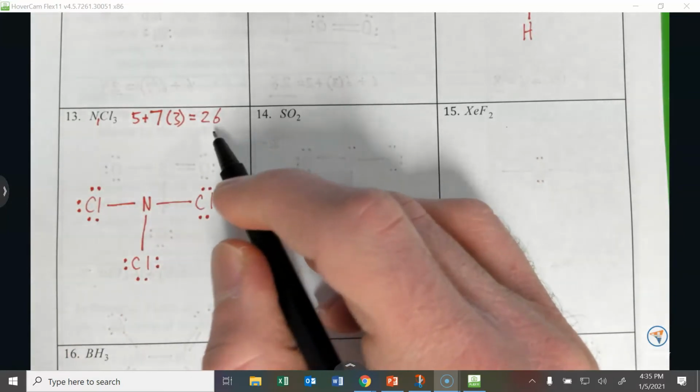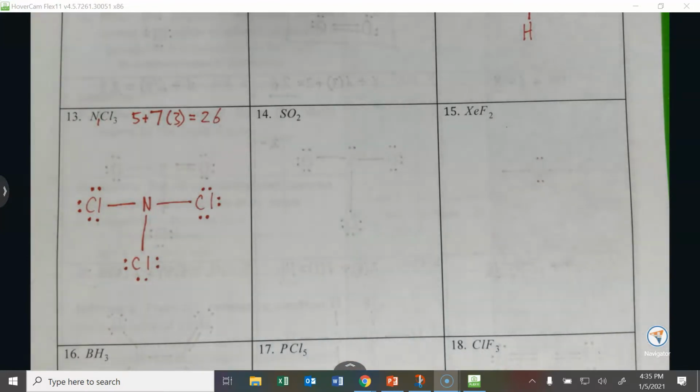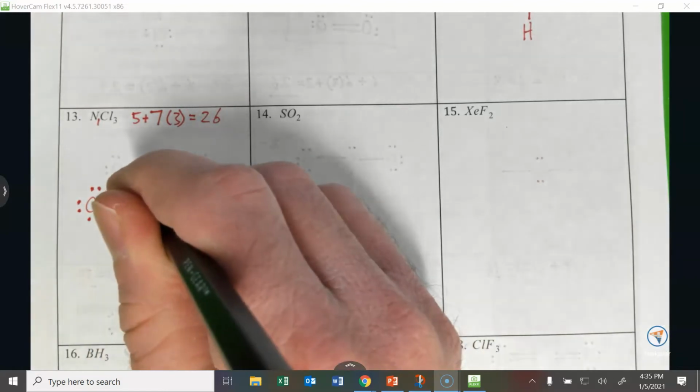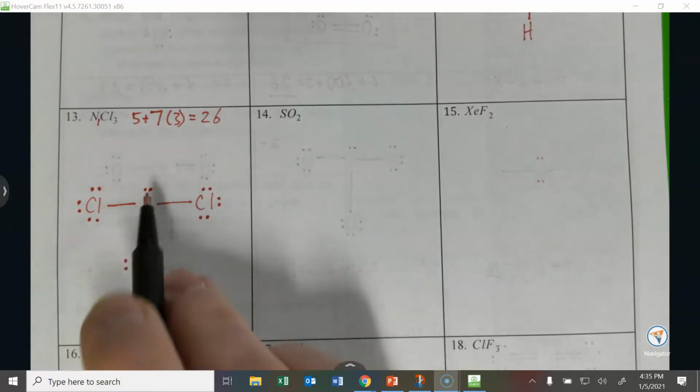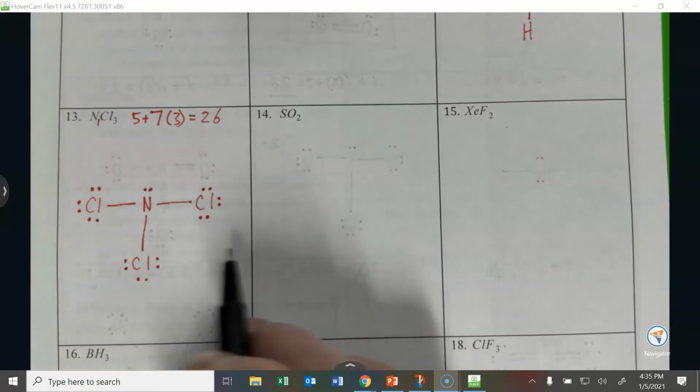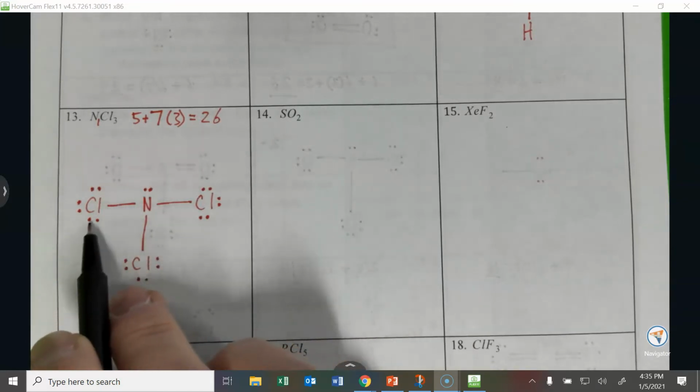Oh, I've still got 2 more. I have 2 leftovers. So after we take care of the outsiders, the next step is leftovers. Leftovers go on the middle. I have 2 leftover. That gets us to 26. Now we want to check to make sure everyone's happy. Nitrogen has 2, 4, 6, 8, and each chlorine has 2, 4, 6, 8.